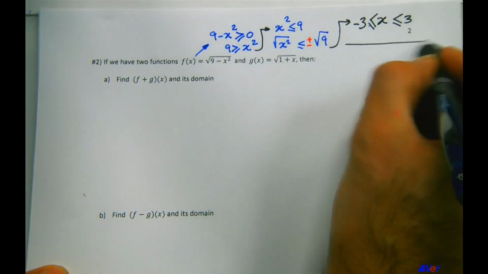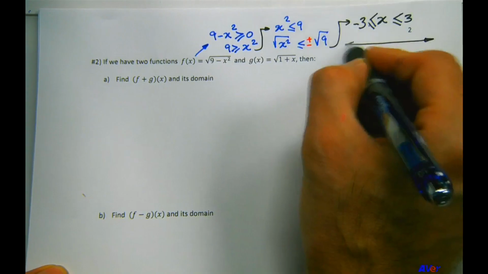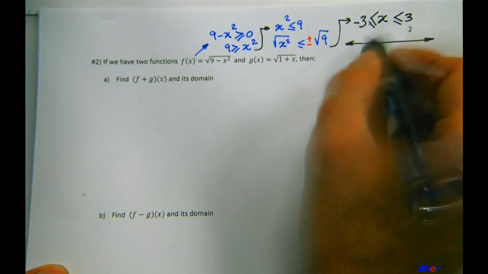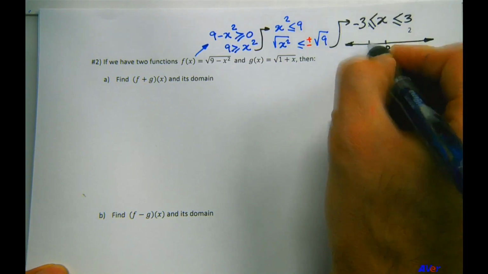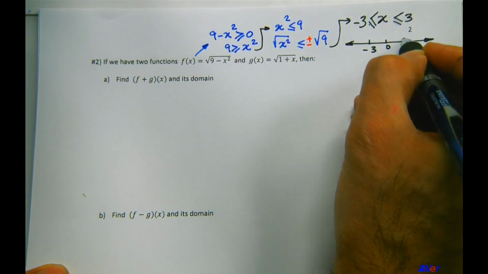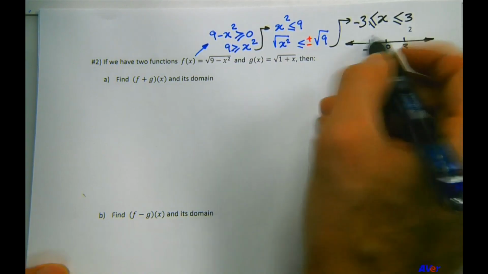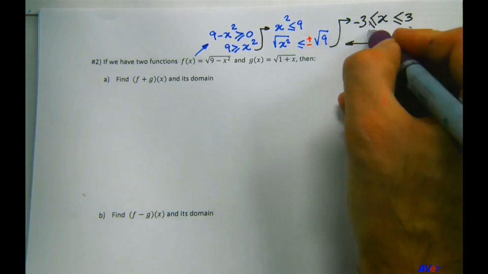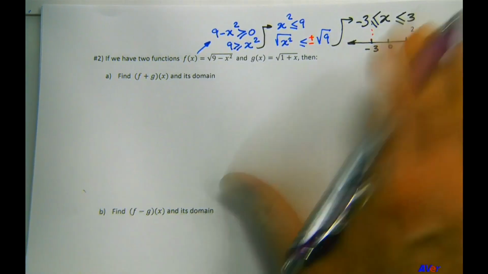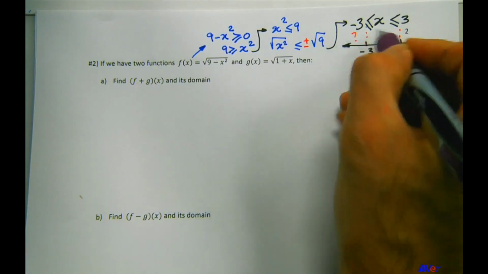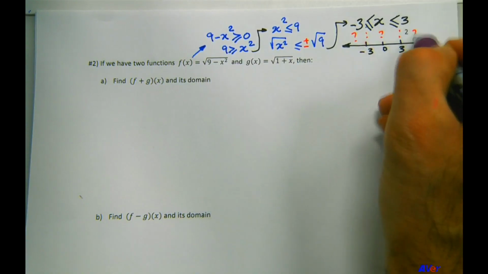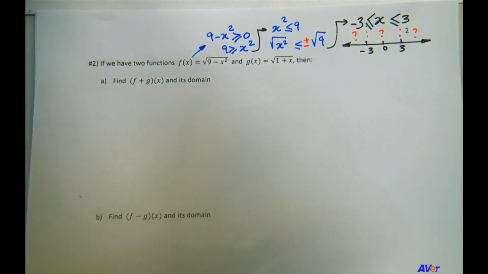If you have any doubts about that, you can start with plotting -3 and 3, right? And then test the number in this region, test the number in this region, test the number in this region, in this inequality.